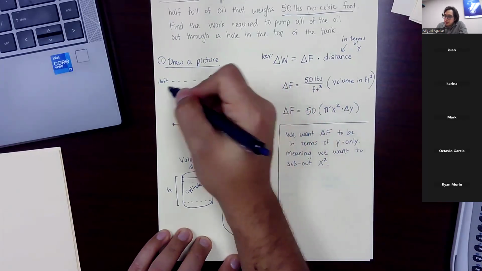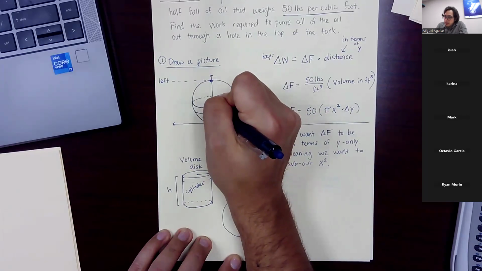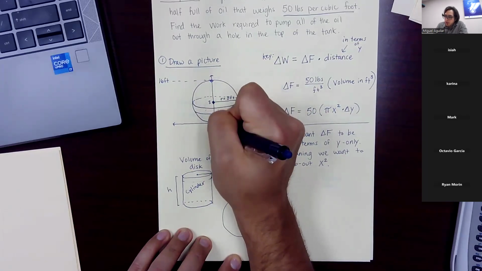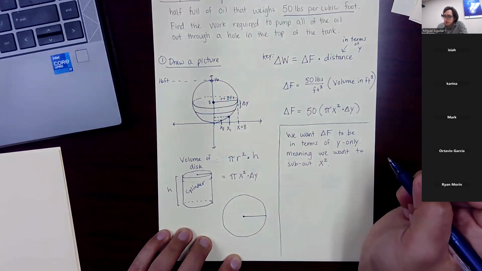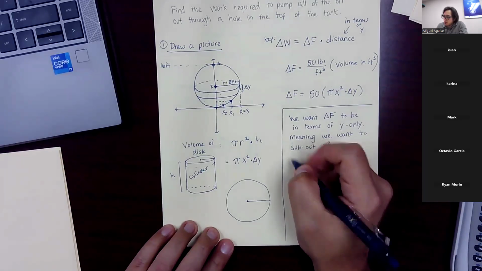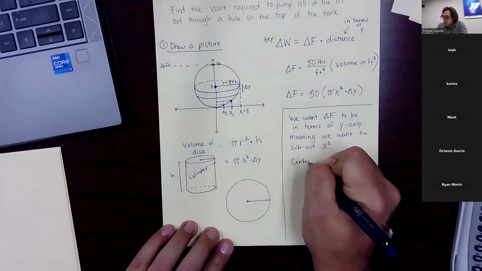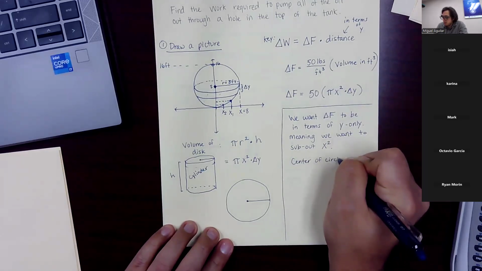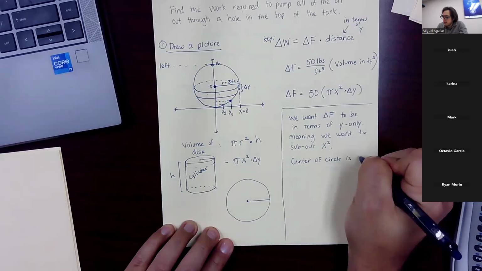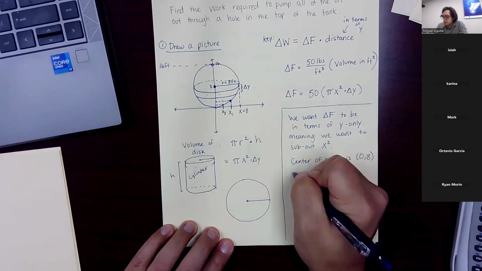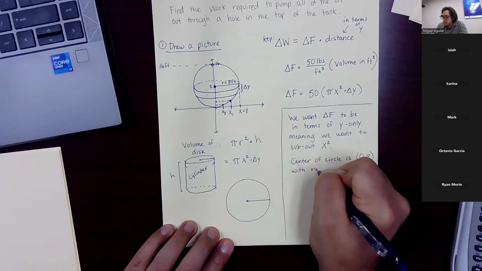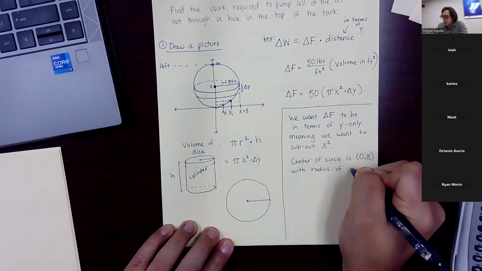If this sphere is 16 feet, then this is 8 feet up from the bottom of the sphere, and then 16 feet up to the very top of the sphere. So the center of our circle is at 0, 8 with a radius of 8.